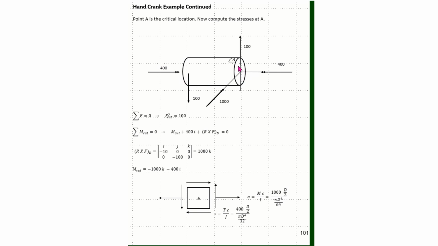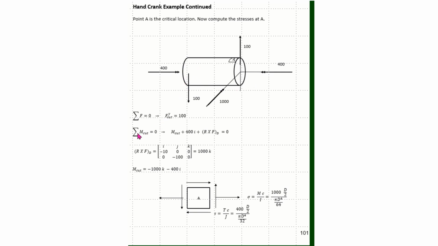So here is bearing A. Here are the loads that act on the shaft, and what I need to do now is make a cut here as shown, and some forces and moments that act inside the beam at point A. So summing forces, I know that I'll have a 100 pushing up because here I have 100 pushing down. Here I have a 400 inch-pound torque in the positive X, so here I'll have a 400 inch-pound torque in the negative X.